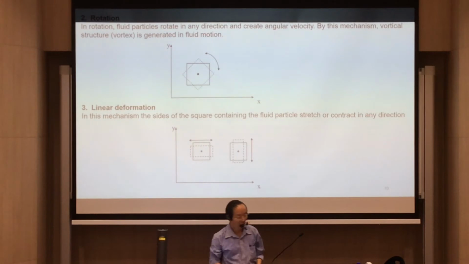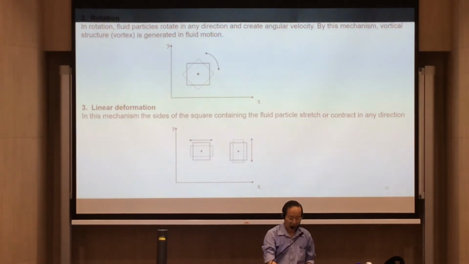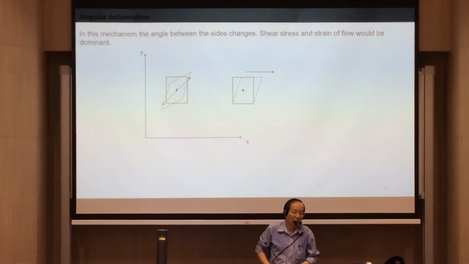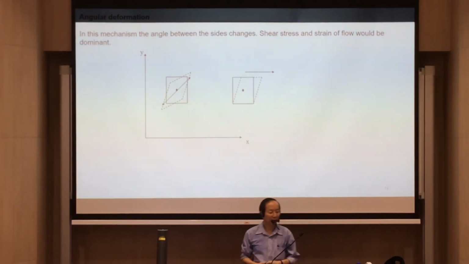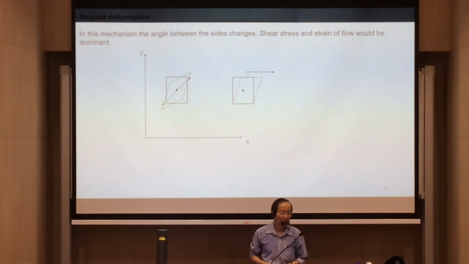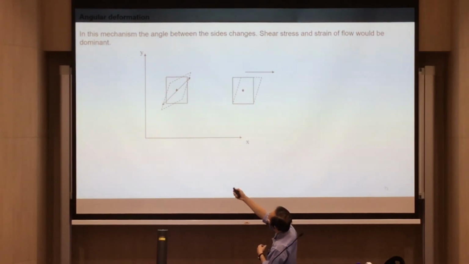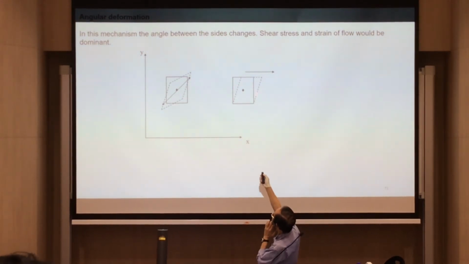Then of course there's the angular deformation. Previously it was linear, now it's angular. Because of shear forces, a rectangular particle like this can be sheared and become the dotted shape.